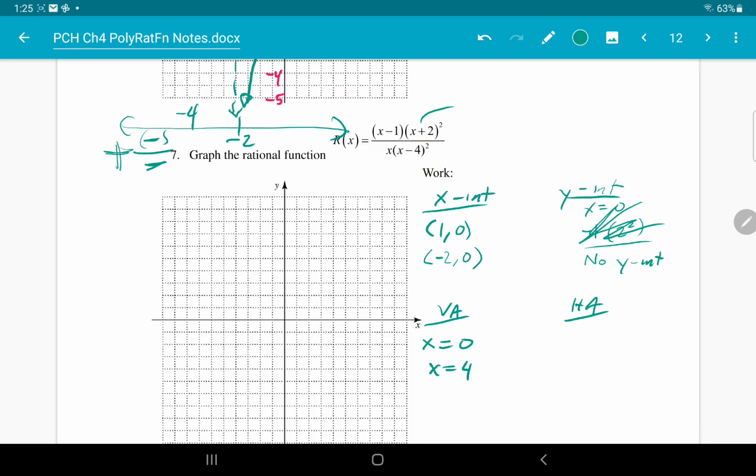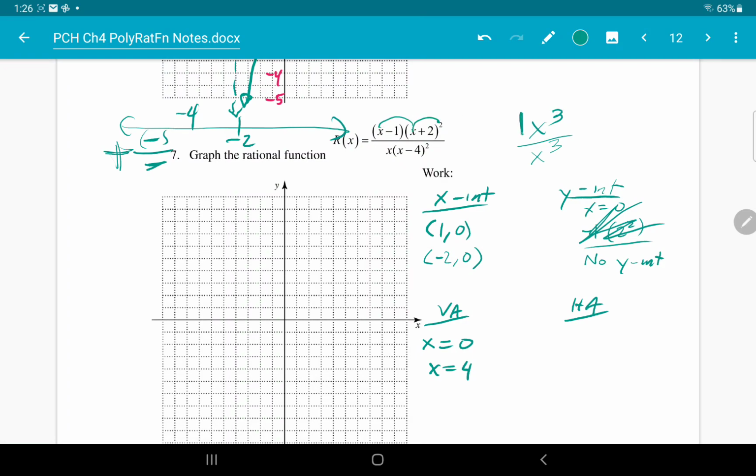The horizontal asymptote, what do we have here? This is a second degree multiplied by a first degree, that is x cubed, over a second degree times a first degree, that is also x cubed. Imagine if you were to multiply it all out, what would be the leading terms? We have x times x is x squared, times x.